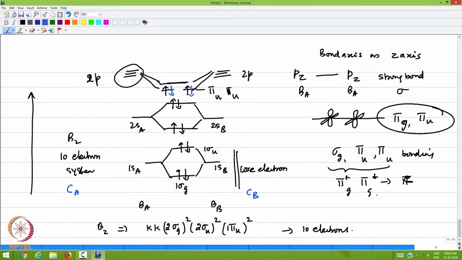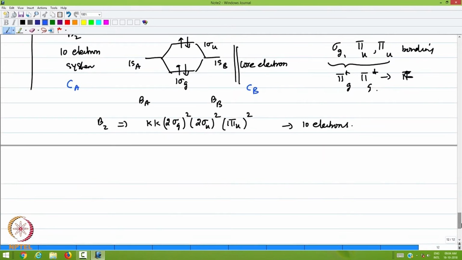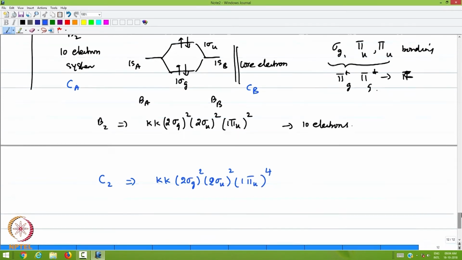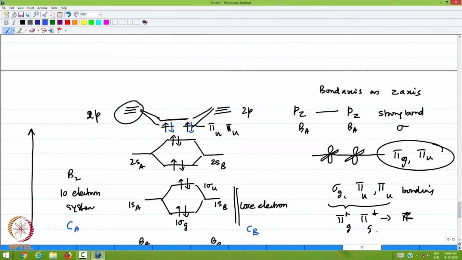Therefore, the carbon C2 electronic configuration turns out to be K K 2 sigma g 2, 2 sigma u 2, 1 pi u 4. It is a degenerate orbital. The pi u orbital is degenerate. There are 2 of them.